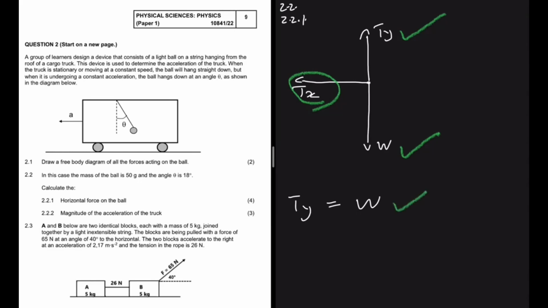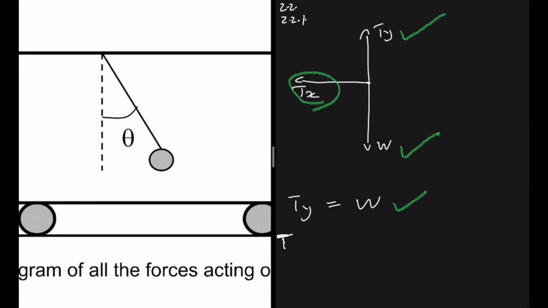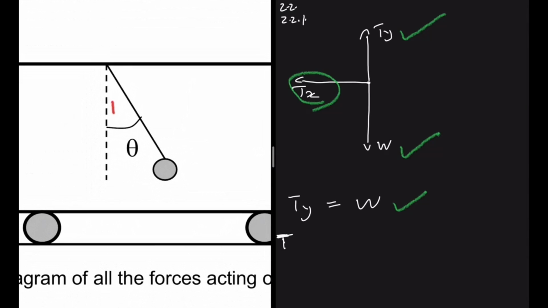To find the y component of the tension, this angle here is 18 degrees. If this angle is 18 degrees, this angle here should be 72 degrees because this angle here is 90 degrees. So we're going to say tension times sine of 72 degrees is equal to the weight. Our object weighs 50 grams, so that will be 50 divided by 1000 multiplied by gravitational acceleration, which is 9.8.